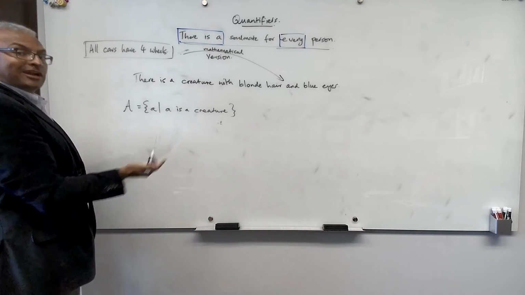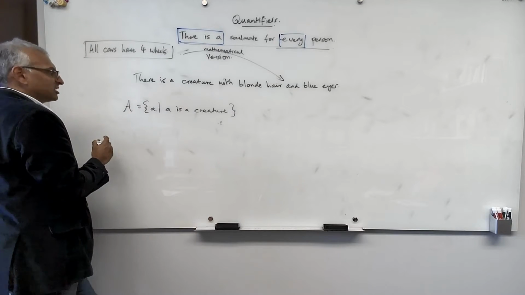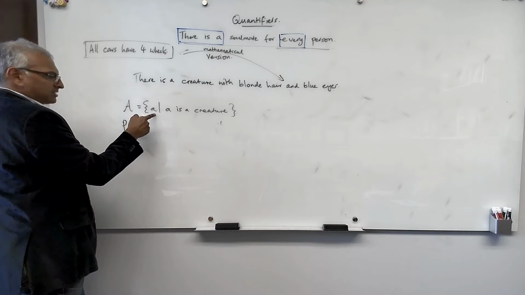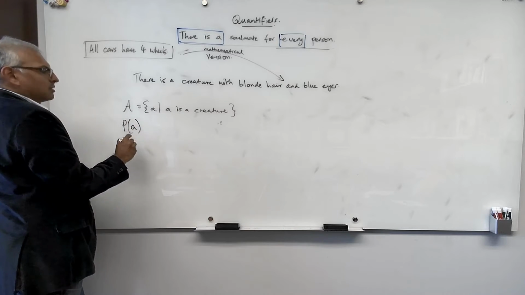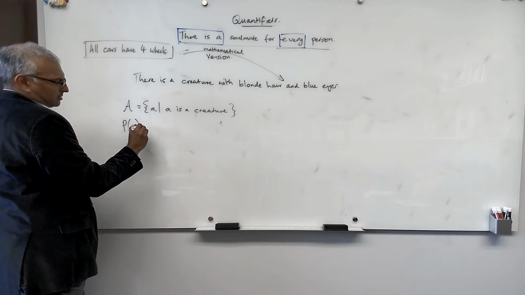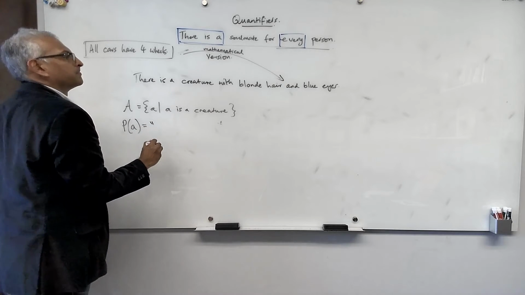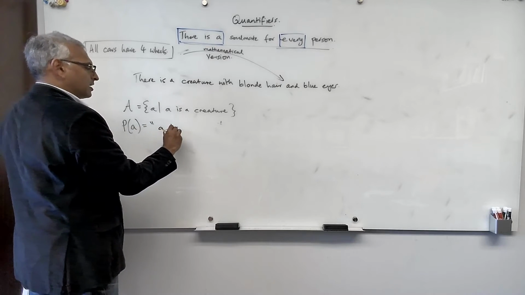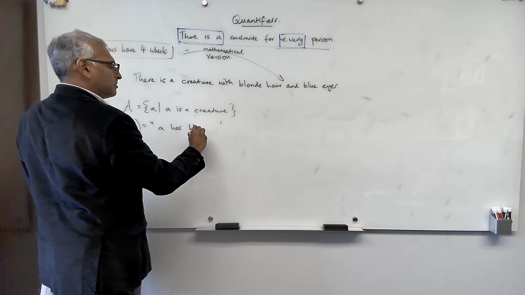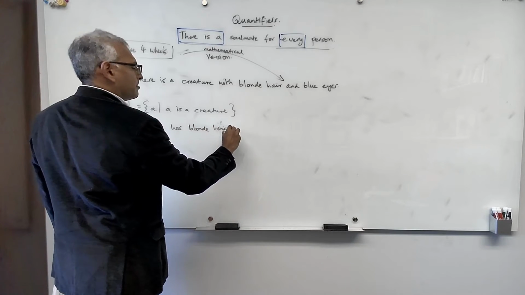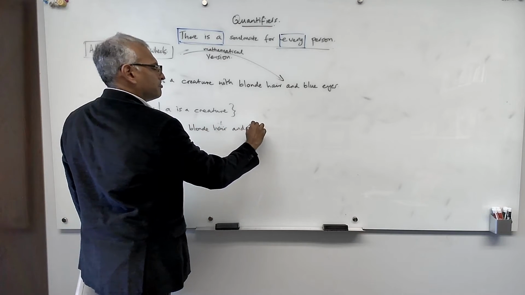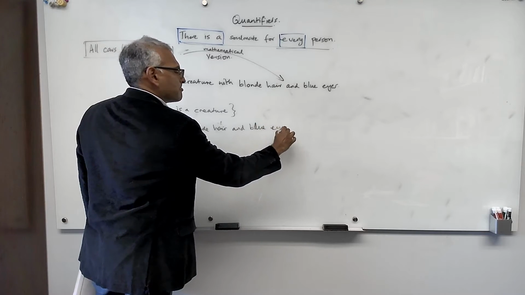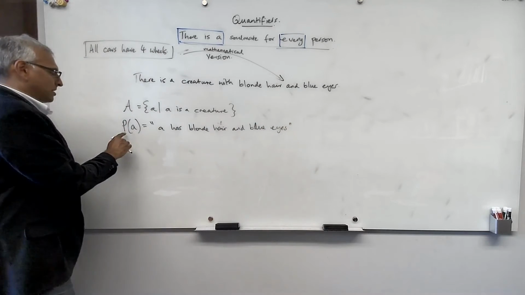Okay, and I'll define a predicate, a function, just as I did before. So a predicate that takes as input a, returning the statement, a has blonde hair and blue eyes. So that's the statement returned by P of a.